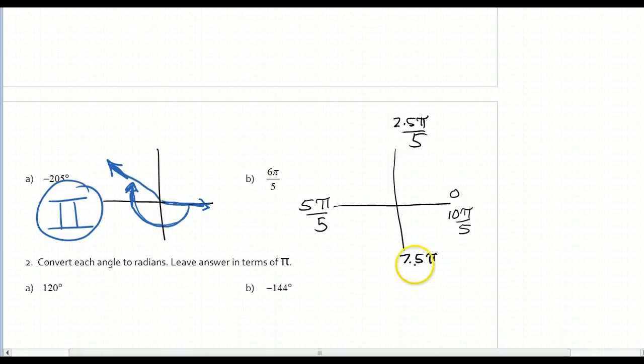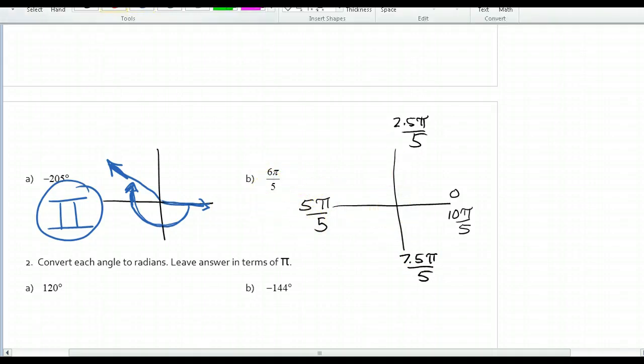And then 3/4, so 270 degrees, is going to be 7.5 pi over 5. So a little shortcut here, if I take the 90 degrees and the 180 degrees, 90 and 180 is 270. So if I add these two, that's going to give me the 3 pi over 2. So 2.5 and 5 gives me 7.5. So then I could see that 6 pi over 5 is going to be 1 pi over 5 past 5 pi over 5.